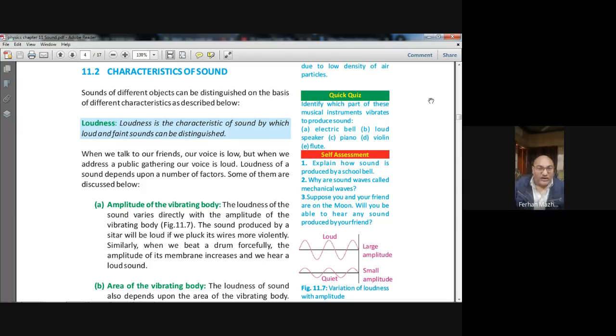Now increase the volume. Note down what the amplitude was before, and now increase the volume. You will observe that the amplitude of the vibration of the diaphragm has increased.